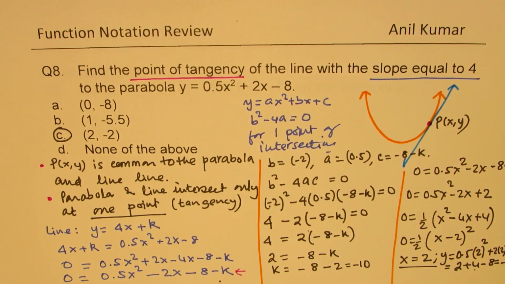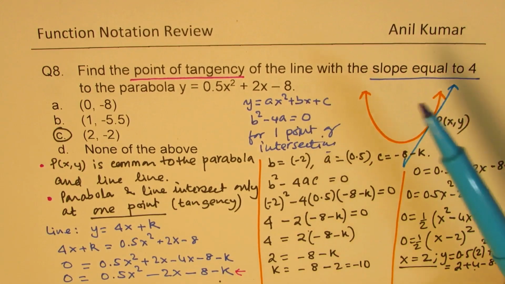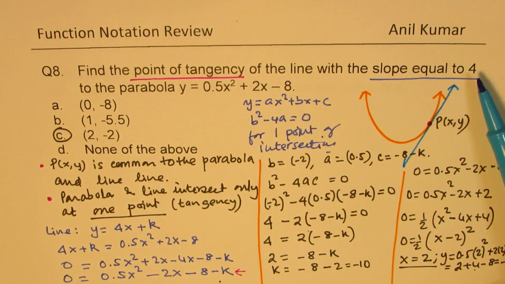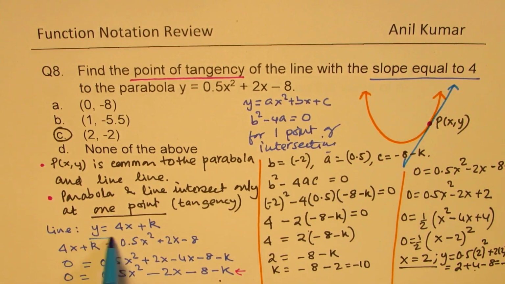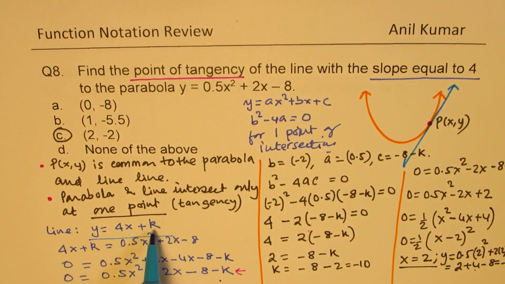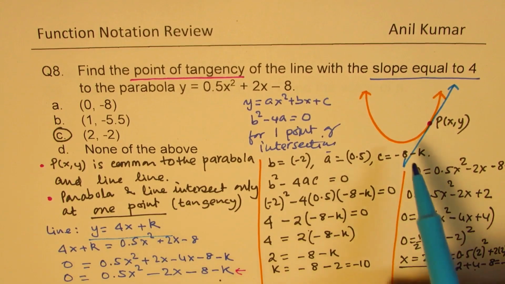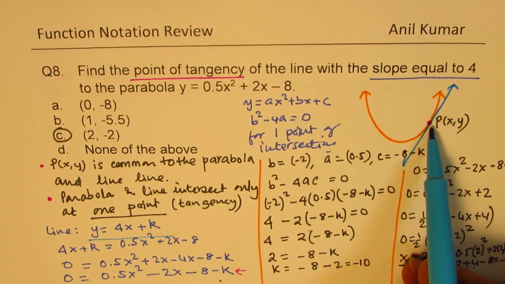Now this is an extremely important question, slightly difficult at this stage, but I hope you've understood the solution. The whole idea here is that since we are given the slope 4, we can say that the equation of the line should be y equals to 4x plus k. Now, to find the value of k, we know that they intersect only at one point.